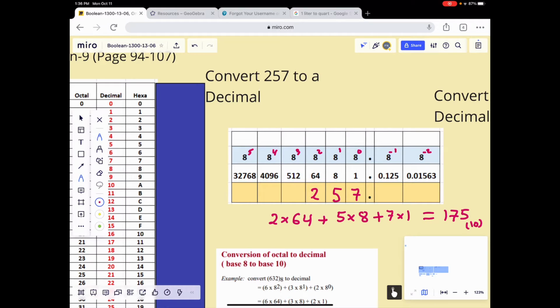Okay, what would happen if you want to convert an octal number with a point?